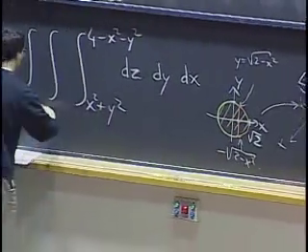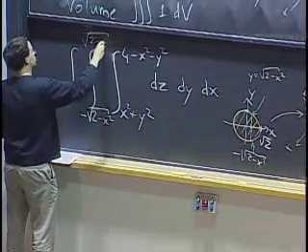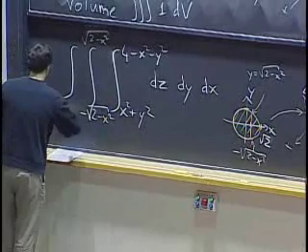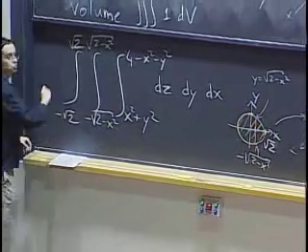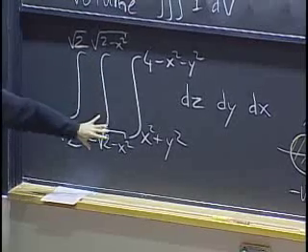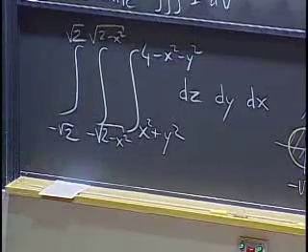So y will go from negative square root of 2 minus x squared to positive square root. And then x will go from negative root 2 to root 2. If that's not completely clear to you, then I encourage you to go over how we set up double integrals again.